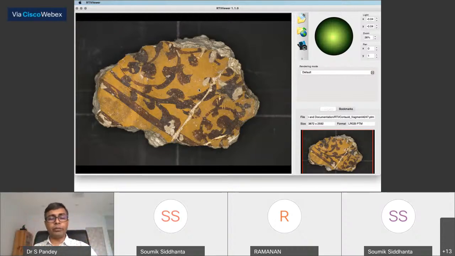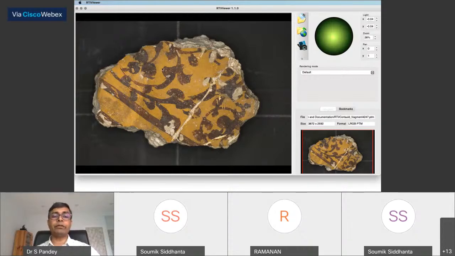In polynomial texture mapping, the technique is that you keep your camera static over the object and move your lighting direction for each photograph. And you build a series of photographs with a different lighting angle. And then you upload all those photographs into the software and it builds a polynomial texture map.